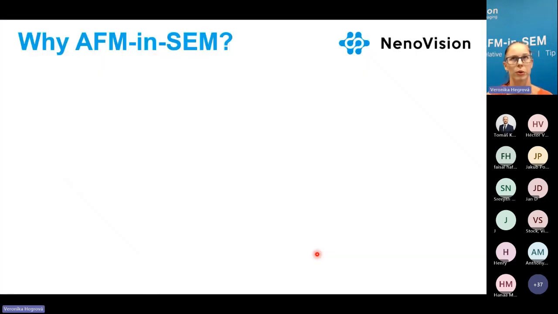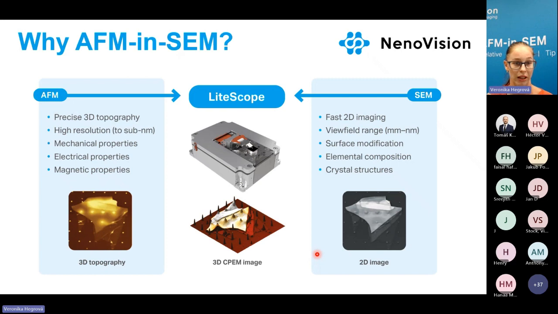And so I would like to start with the motivation, why we actually started with AFM in SEM at the beginning. So the reason is quite simple, as both of these technologies are quite widely used in nanoscale measurements of surfaces.